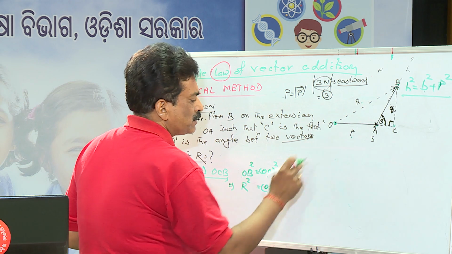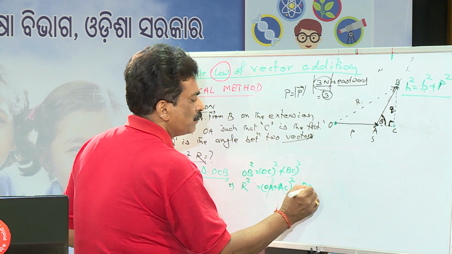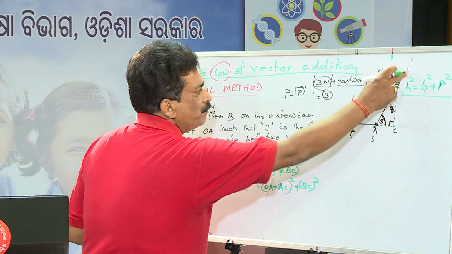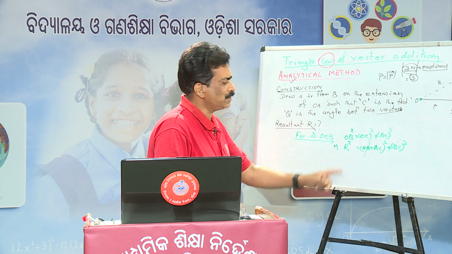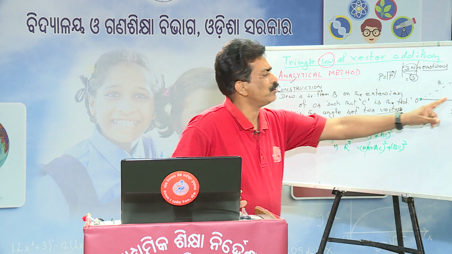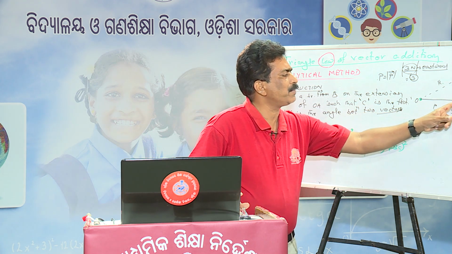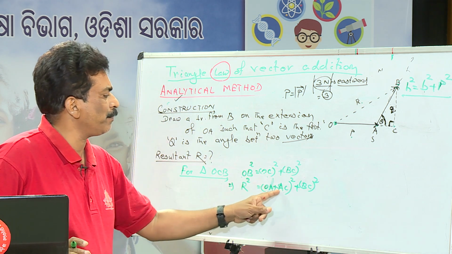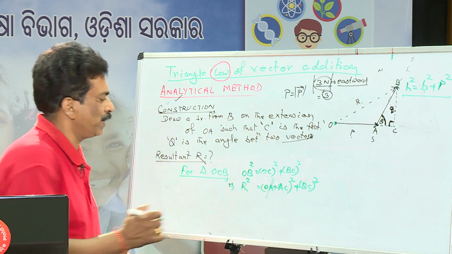So OA plus AC whole square plus BC square. Are you clear, my students? This is OC equals OA plus AC, OA plus AC whole square plus BC square.